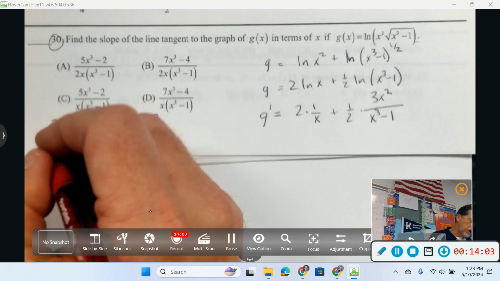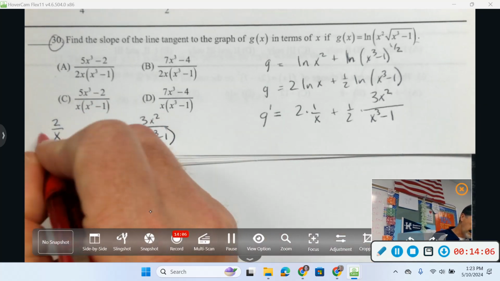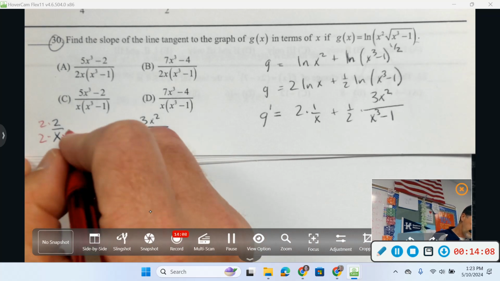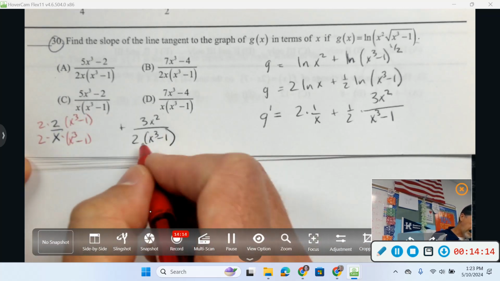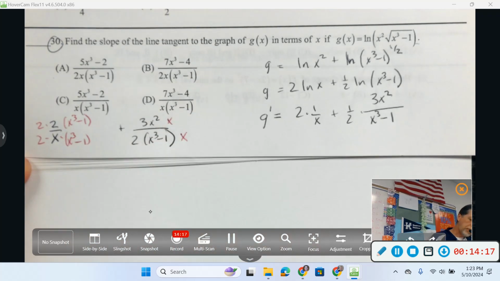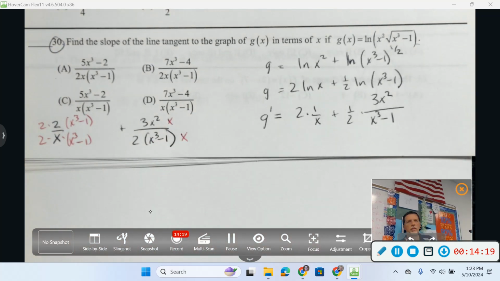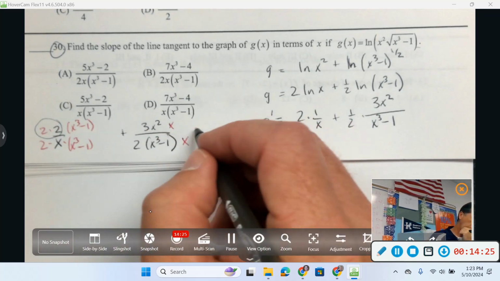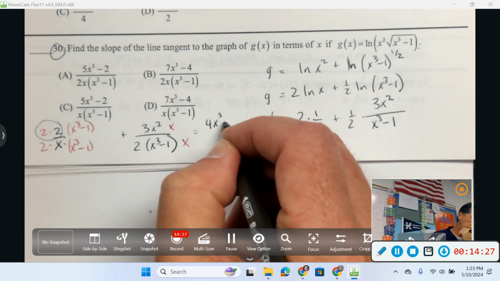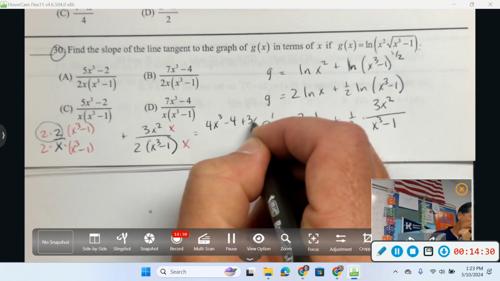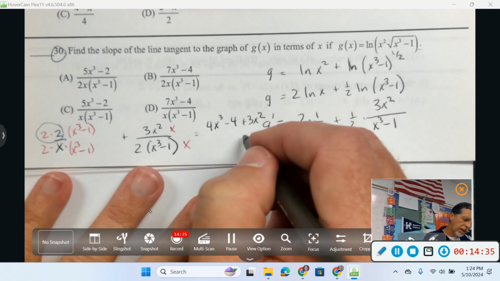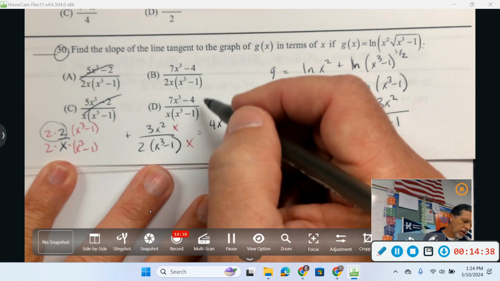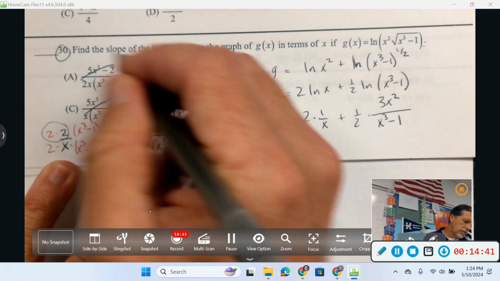So my first term needs a 2, top and bottom, and an x cubed minus 1. And my second term just needs an x. So now my denominators match. Let's distribute the 4. So 4x cubed minus 4 plus 3x cubed. So that's 7x cubed minus 4 over, letter B.